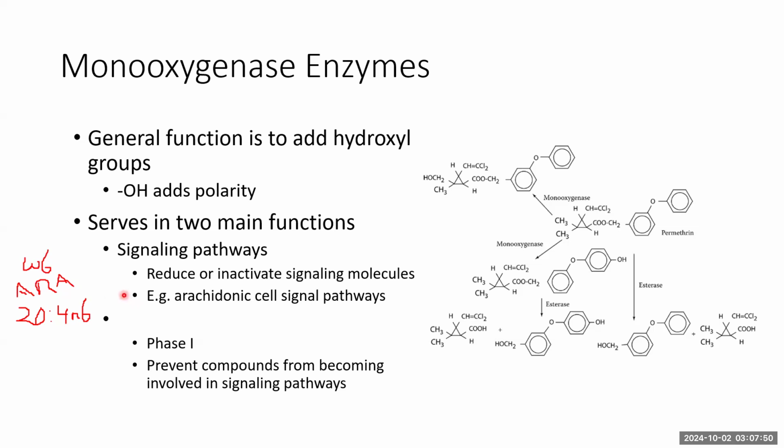So arachidonic cell signaling pathways are turned on by this arachidonic acid. Most fatty acids on the very last carbon end in a carboxyl group. So here's our last carbon. We can go this way and have an OH. We can go this way and have a double bonded oxygen. So this carboxyl group is the tail end of most fatty acids.